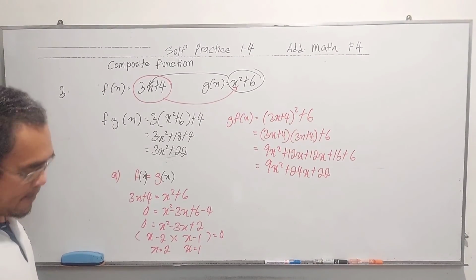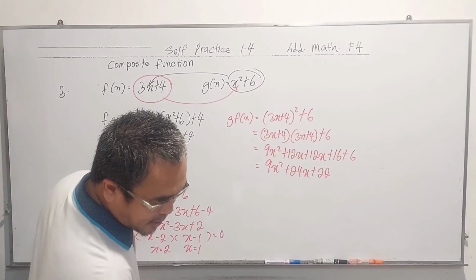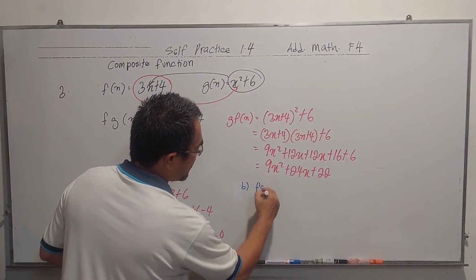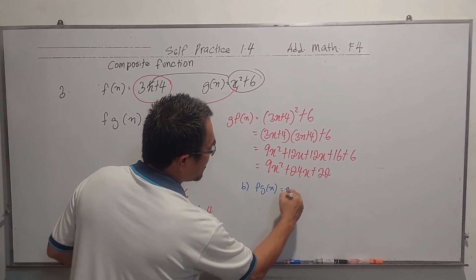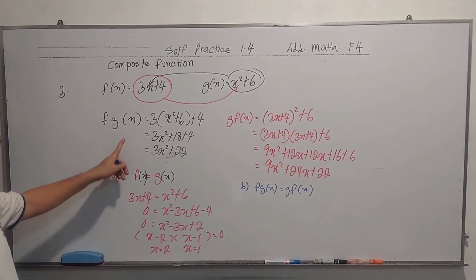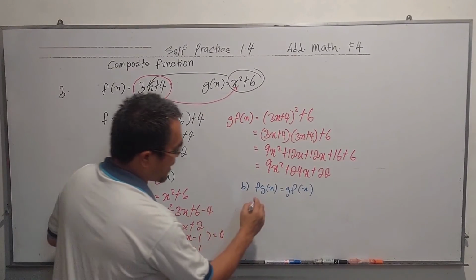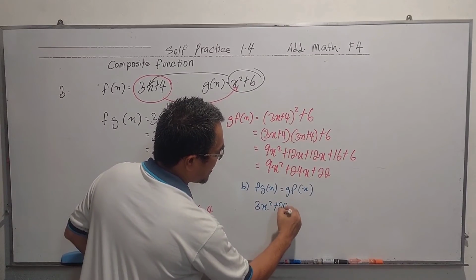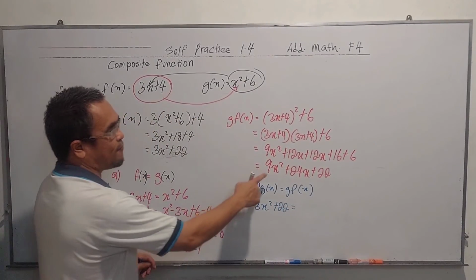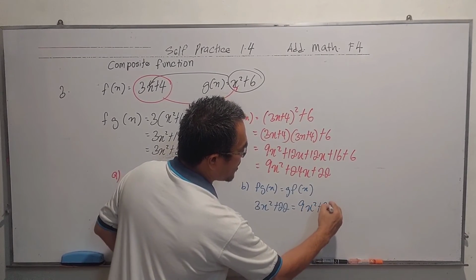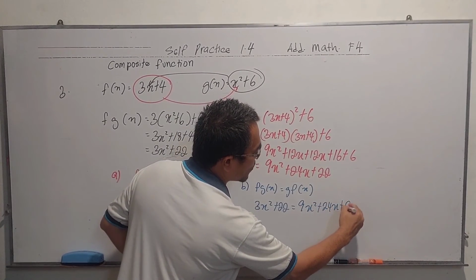For B, what is B? fg equal to gf. Okay, so for B, fg(x) equals gf(x), meaning you take fg(x), that is this function, 3x squared plus 22, equals gf(x), which is this function, 9x squared plus 24x plus 22.